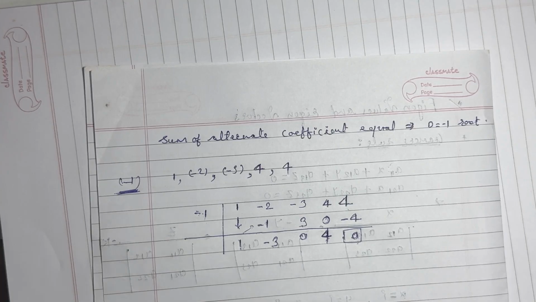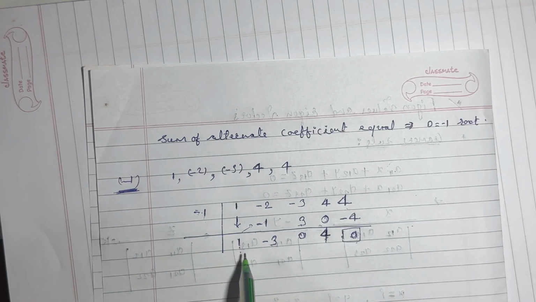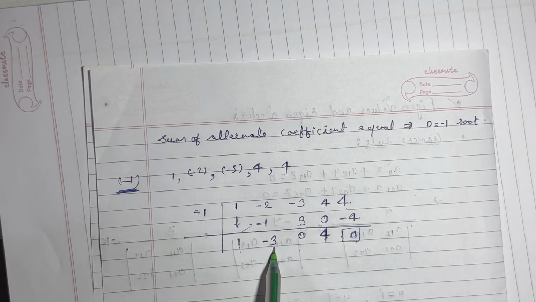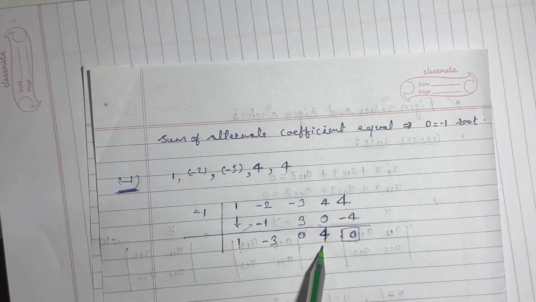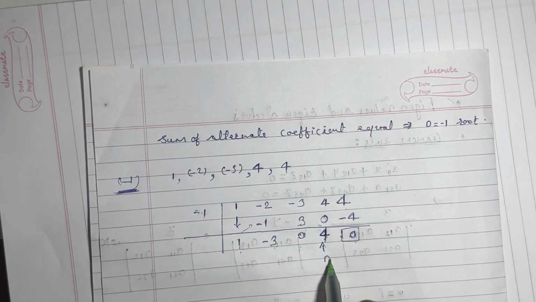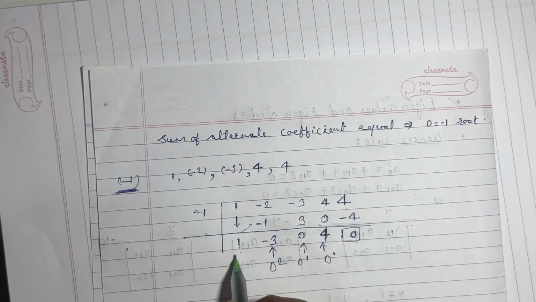So first of all, find out the polynomial equation back. This one is the highest power, then smaller powers, and this last one is d to the power 0. So we take d to the power 0, d to the power 1, d to the power 2, and d to the power 3. We got the third power equation.